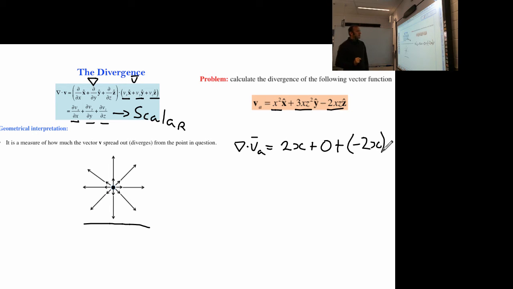And what we find is the divergence of our vector function VA is equal to 0. So that's the divergence of a vector function, and the divergence results in a scalar.